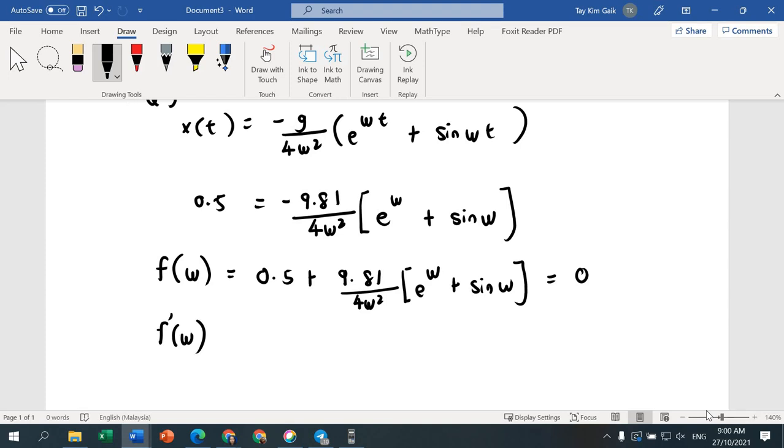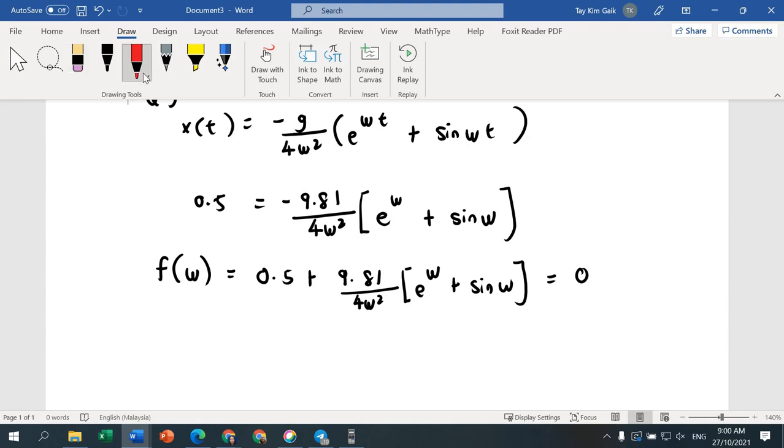So you differentiate the function with respect to omega. The derivative of 0.5 is 0, and then you differentiate this one with respect to omega, and it's a product form. So you have to use the product rule.